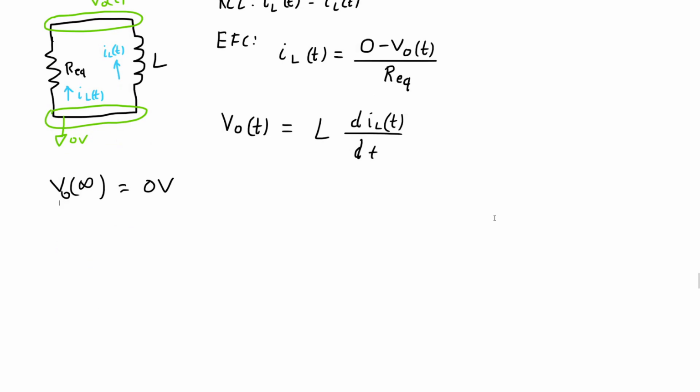So let's find tau real quickly. It's going to be L over R. And L is 80 millihenry. Or sorry, not 80 millihenry. I don't know why I did that, that's from the last problem. L over REQ, so that's going to be L over R1 plus R2.